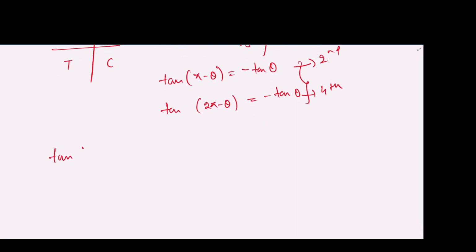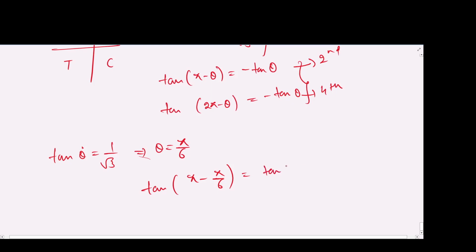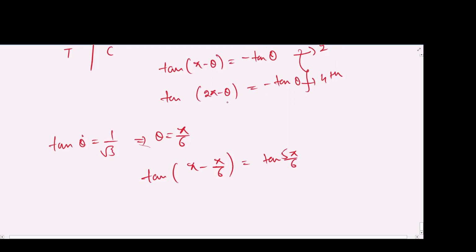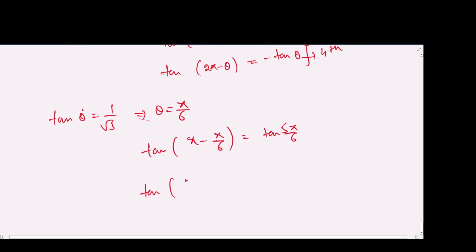We know tan theta equal to 1 by root 3 implies theta is equal to 30 degree, pi by 6. So we have tan of pi minus pi by 6 equal to tan 5 pi by 6, or we can say tan of 2 pi minus pi by 6, we have tan 11 pi by 6.